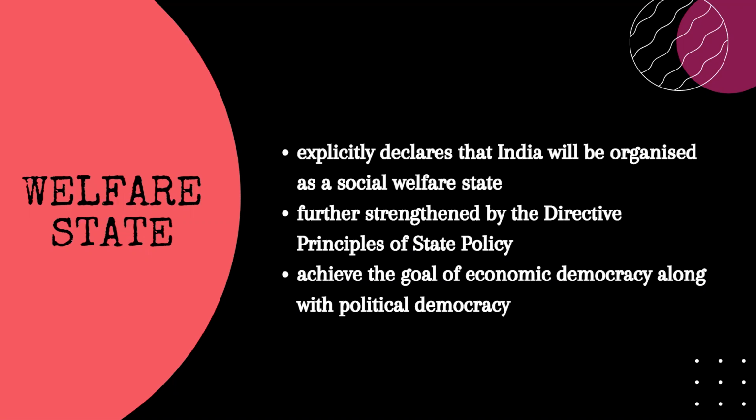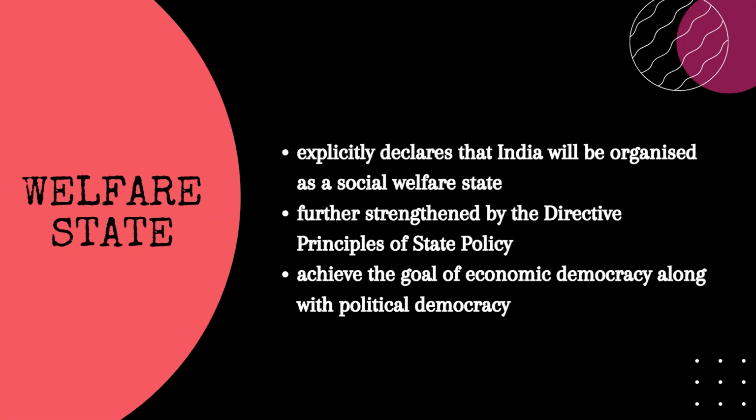Next is the welfare state. The constitution embodies a distinct philosophy of government and explicitly declares that India will be organized as a social welfare state. That is, a state which renders social services to the people and promotes their general welfare. In the formulations and declarations of the social objectives contained in the preamble, one can clearly discern the impact of the modern political philosophy, which regards the state as an organ to secure the good and welfare of the people.